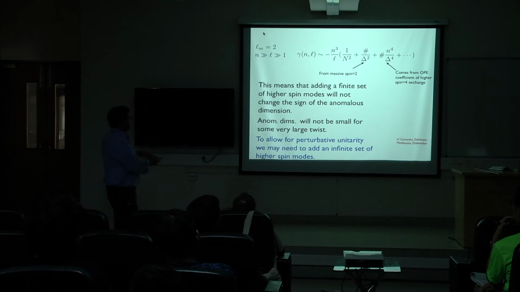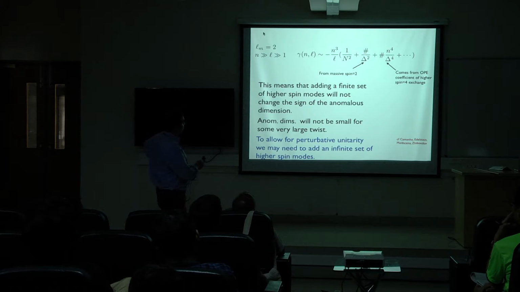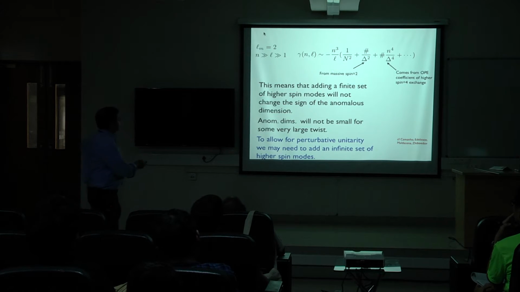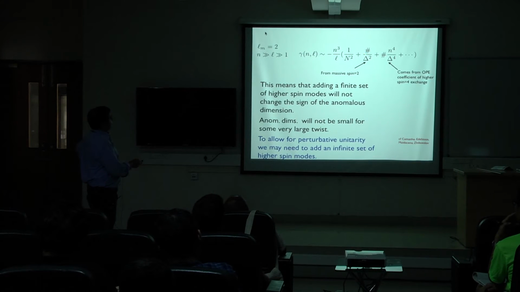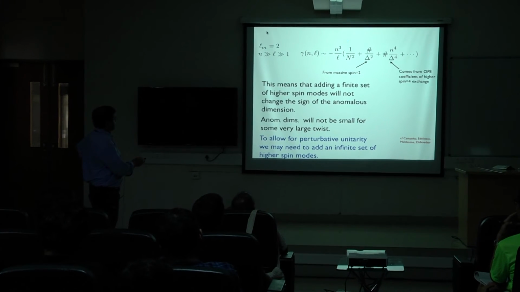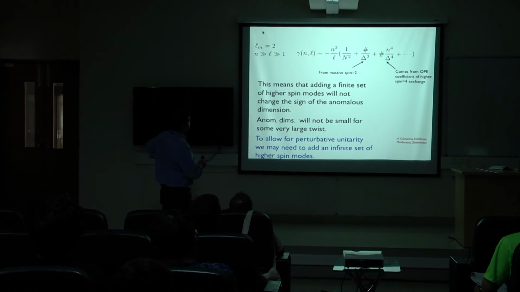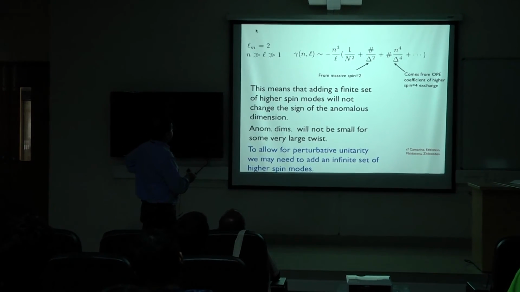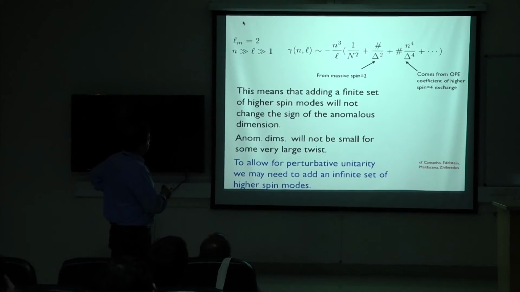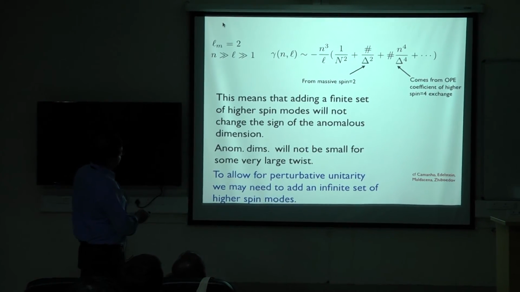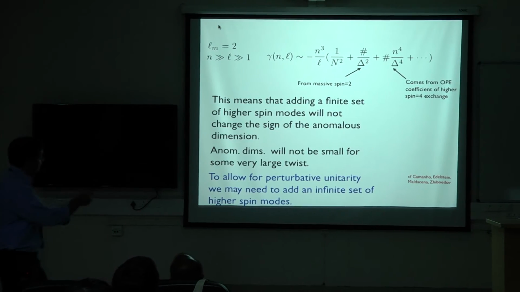You can think of this as being related to some gap in the spectrum. So this will be the leading order correction only if all these terms are much smaller than this leading correction. And that will happen only if little n is smaller than something. It will obviously not happen if you allowed little n to take on any value.